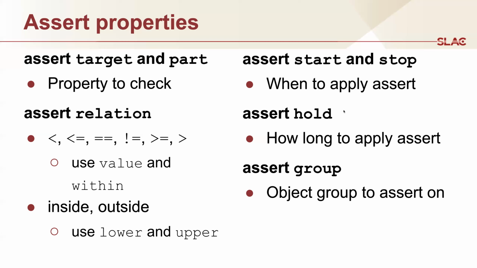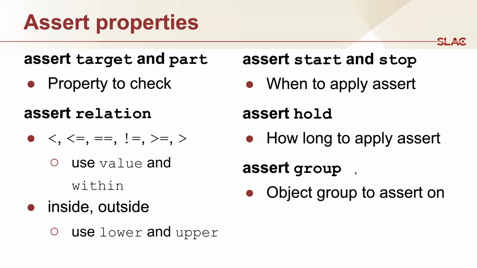Another property is whether the assert has to remain in effect, remain true for a certain amount of time. So you can specify the duration that the assert has to be true using the hold property of the assert. And then finally, you can specify a group over which the assert is applied. That refers to the object's group ID.